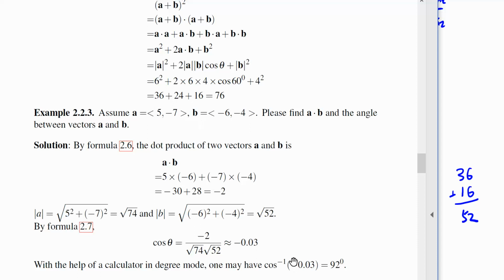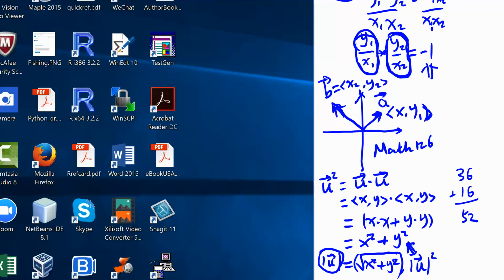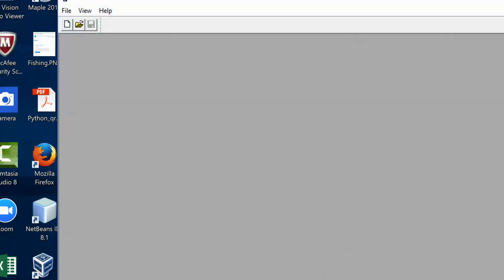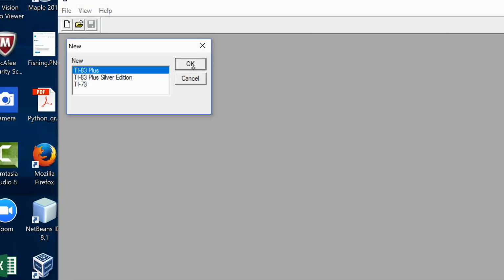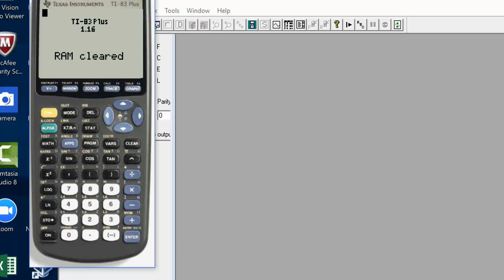Okay, let's see if I can open my calculator to do cosine inverse of -0.03 and get 92 degrees. So let me see if I can do that by using my calculator on the screen. Okay, now it looks like it's going well. So here is my calculator.